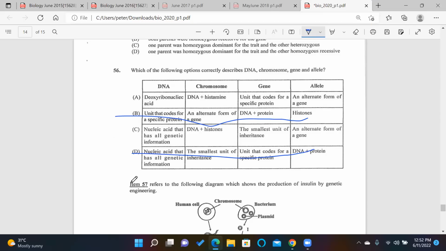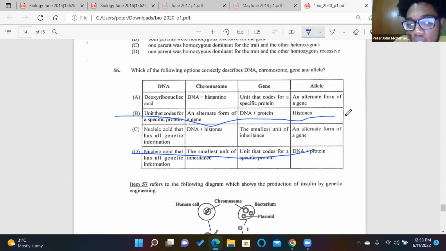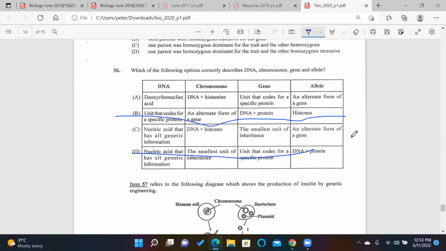Gene. So what's a gene? Gene, genotype, remember, same thing. This is literally the definition I gave you for genotype. What was the definition I gave you for a genotype?